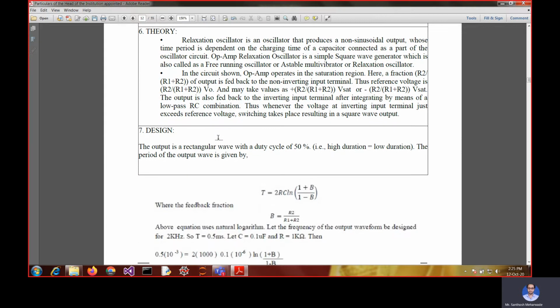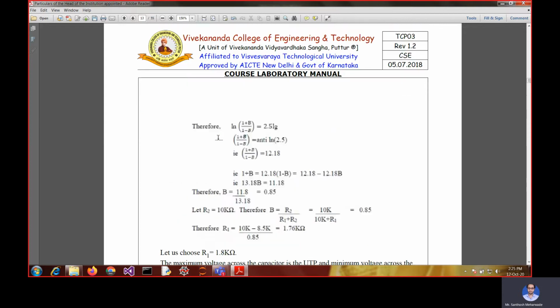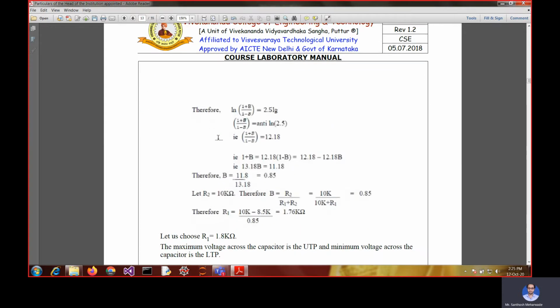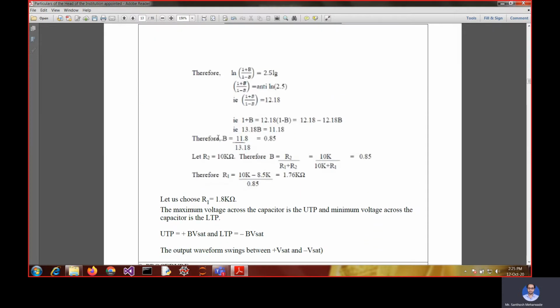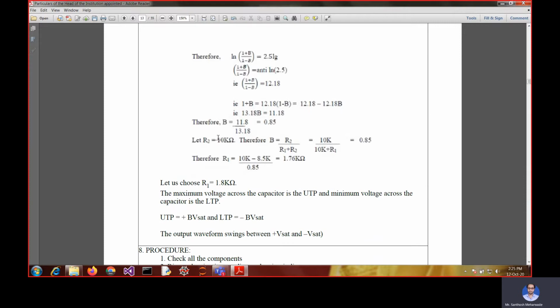We have seen this design part in the hardware video. In this design, R1 will be 1.8K and R2 will be 10K, and we have taken the assumed values for the resistor R as 1K and the capacitor as 0.1 microfarad.